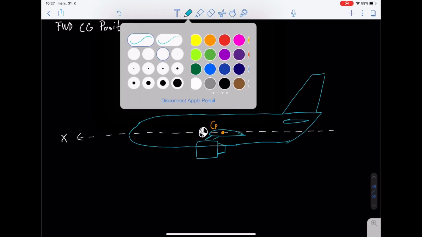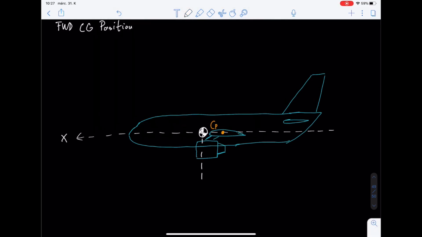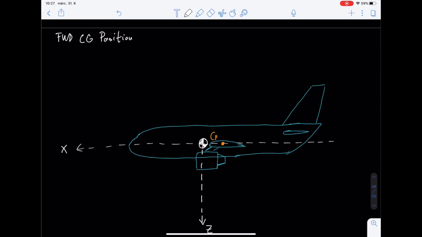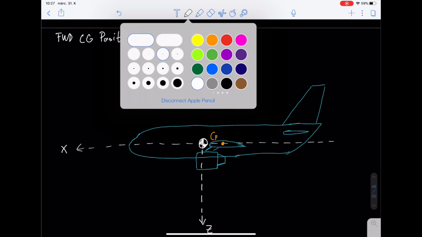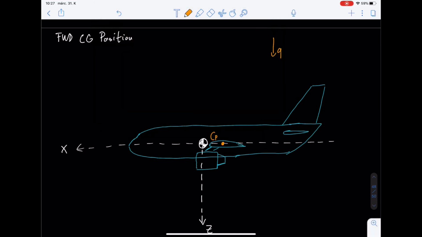Okay, so we also have, before we forget, a vertical axis, and we're going to presume that the gravitational acceleration acts in the vertical direction, solely in the positive direction, so x, y, and z coordinates. Right, so like this.